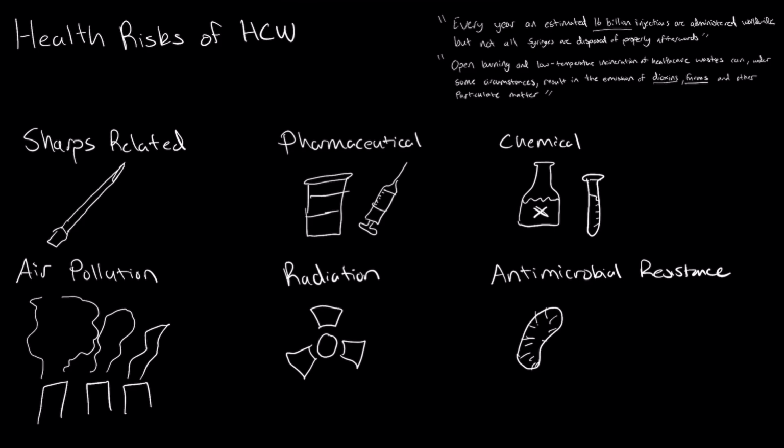And then obviously air pollution, which we'll go into in more depth later. But essentially, from our second quote, when they're burning these things, other chemicals are being released into the air and polluting the environment. Next is radiation. That one's pretty self-explanatory. Radiation can leach out whenever it's not properly managed.